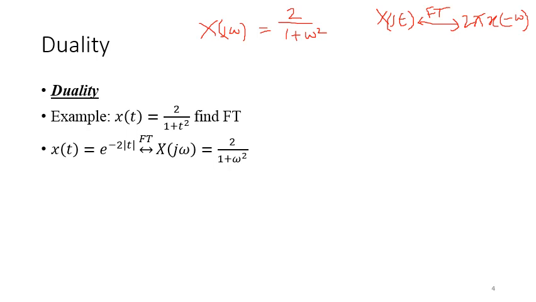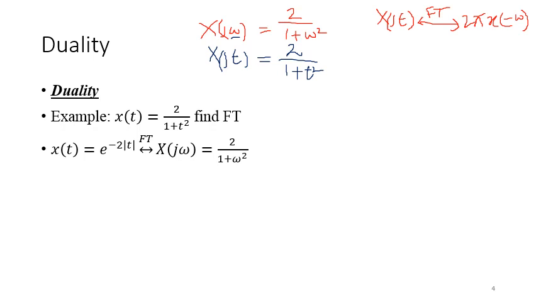Now it's quite simple. If I replace omega by t, I have x of jt equal to 2 over 1 plus t square, because I have replaced omega by t.